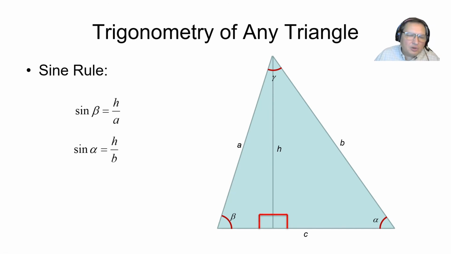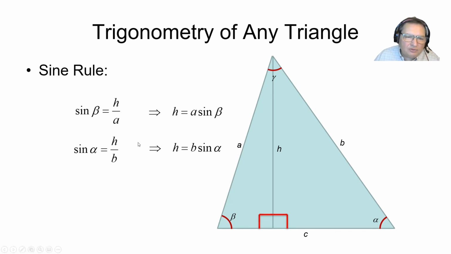Therefore, for each triangle, we can find the h as follows. For one triangle it's a sine beta, and for the other b sine alpha. As the left sides of these two equations are equal, so must be the right sides.